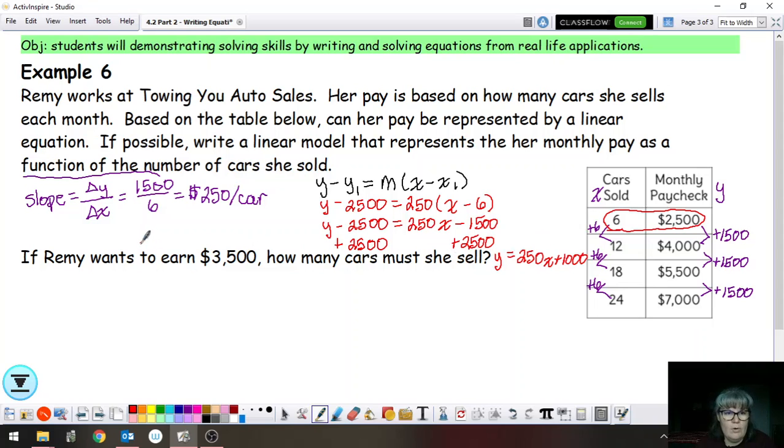Now, if Remy wants to earn $3,500, how many cars must she sell? So that means we need to take that $3,500, replace it for y, and solve for x, since x is the number of cars. Subtract 1,000 from each side.